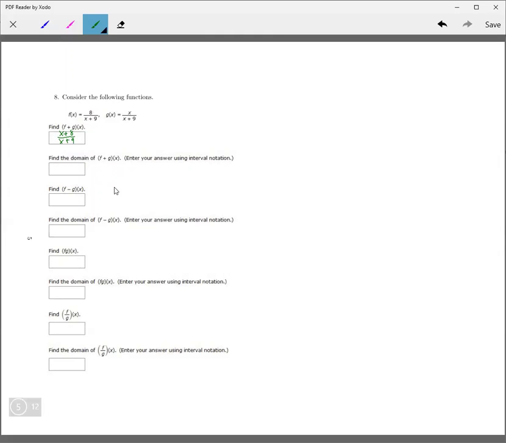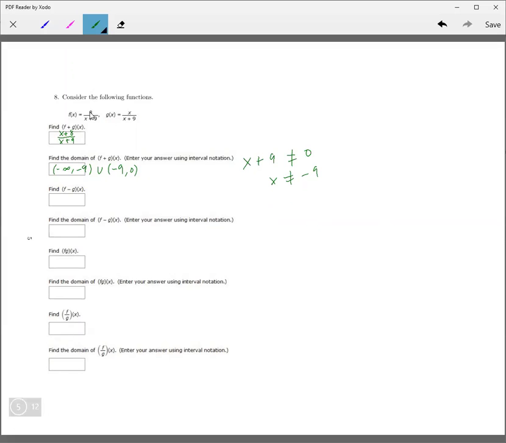And then the domain, the only problem is you can't have a negative 9 in the domain. In other words, this is your denominator, it can't be 0, right? That means x can't be negative 9.